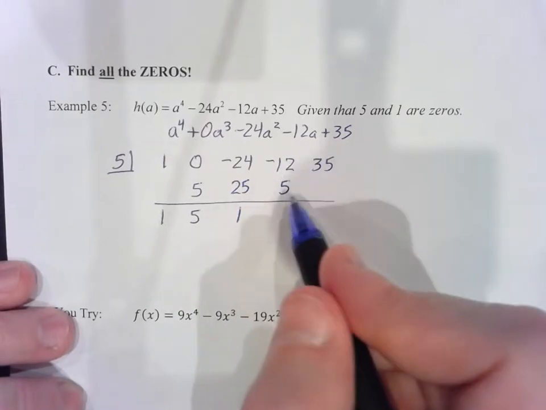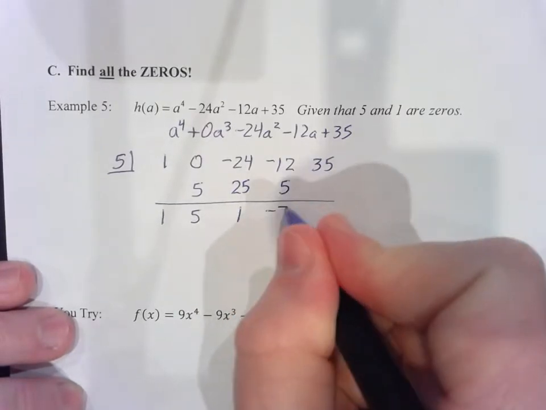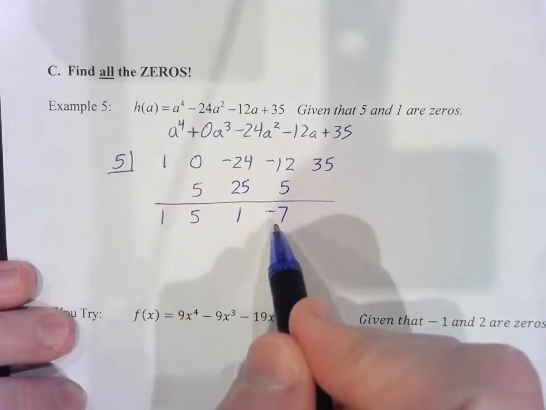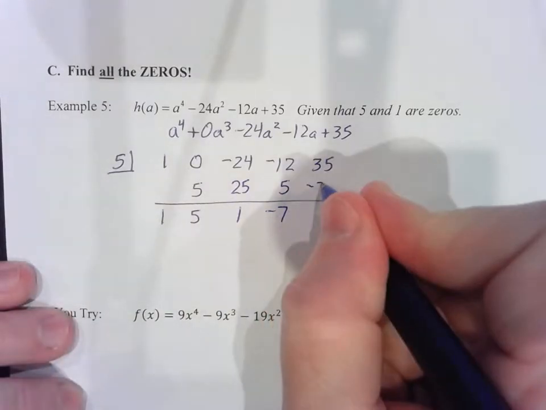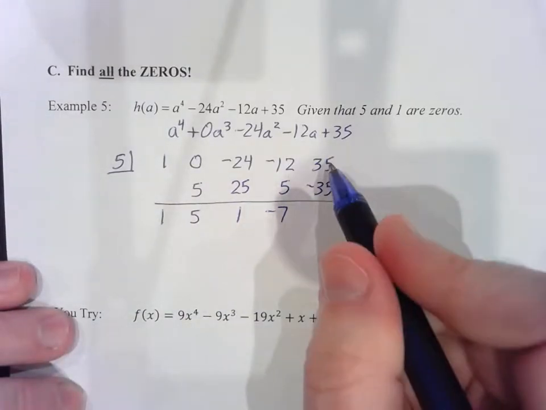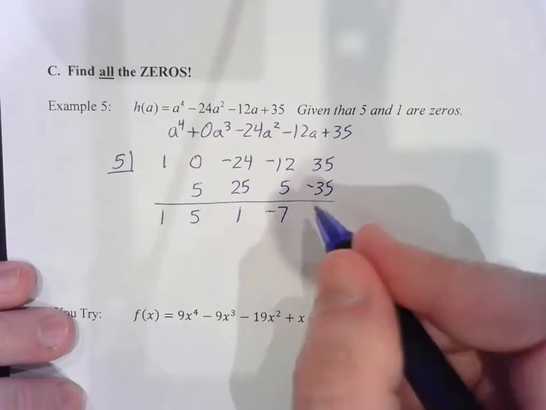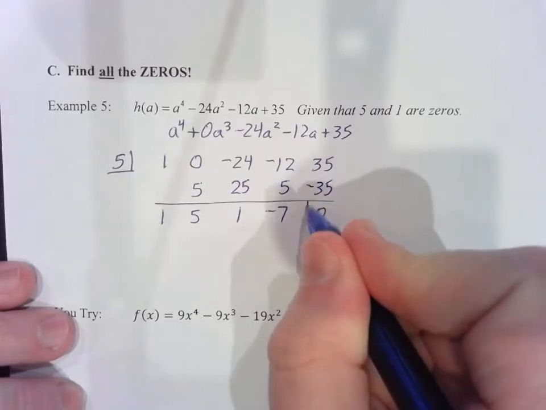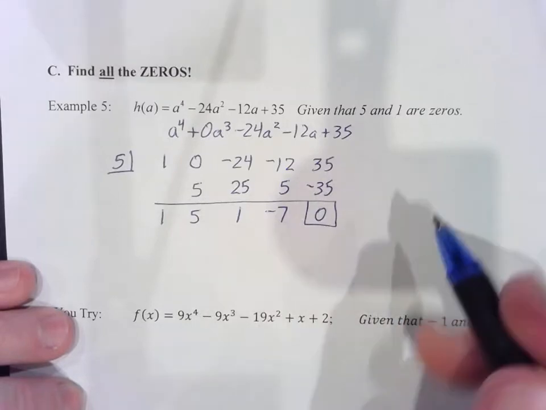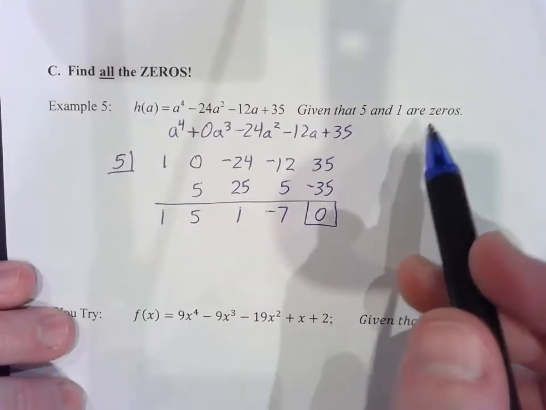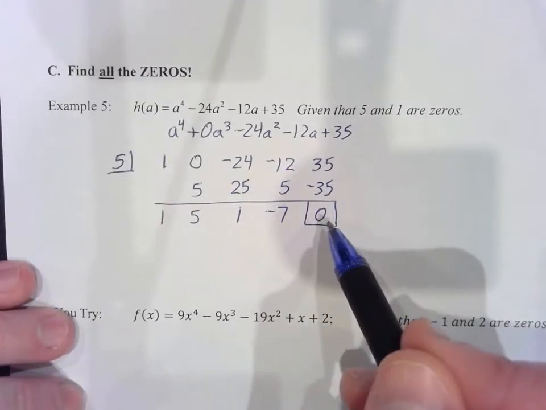Negative 12 plus 5 is negative 7. 5 times negative 7 is negative 35. 35 plus negative 35 is 0. That tells me that we did this correctly because we were told that 5 is a 0, and this just confirmed that.